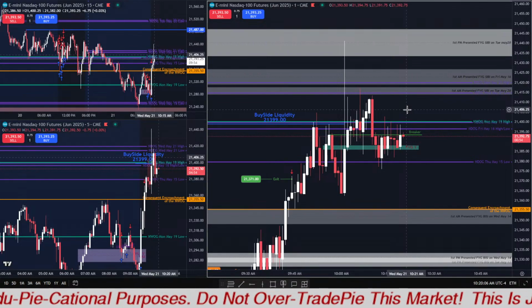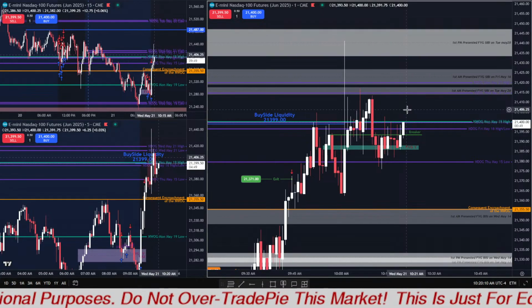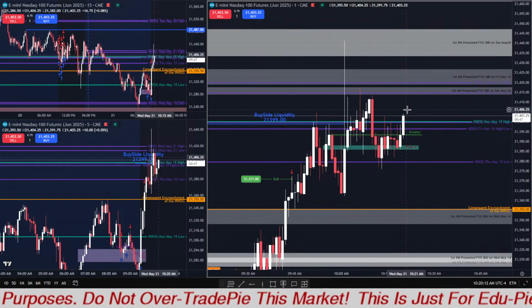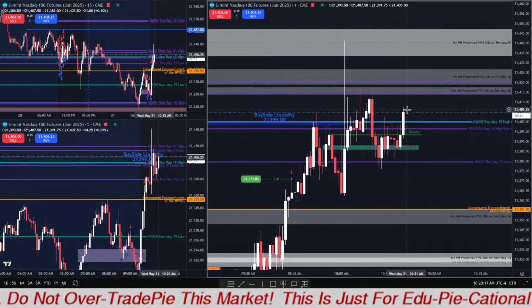Okay, this candle should start moving upward. Very nice, as I expected.